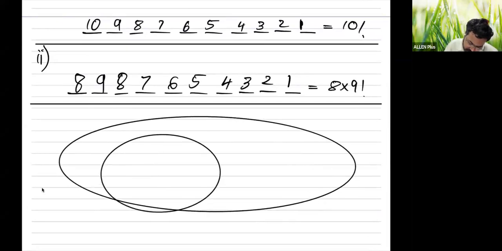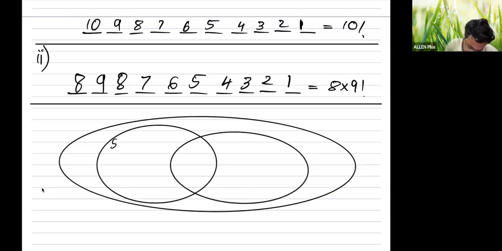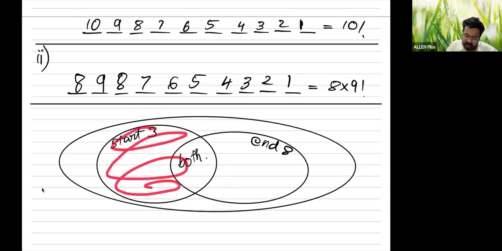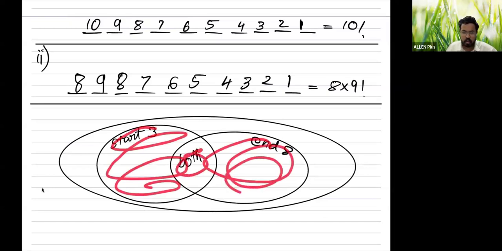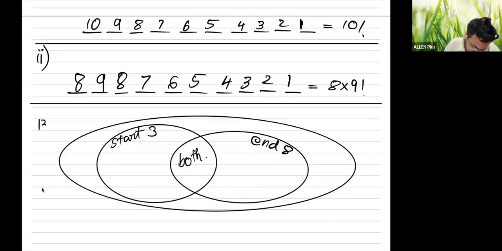In this, I will have arrangements starting with 3 and arrangements ending in 8, and this is both. What we want is either they start with 3, or they end with 8, and both also we will count. So this is for part 3.